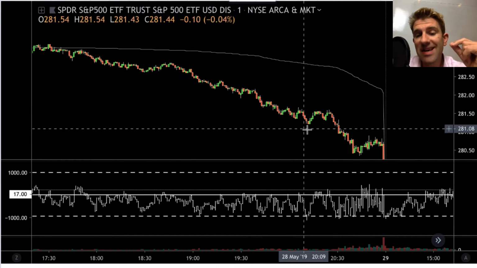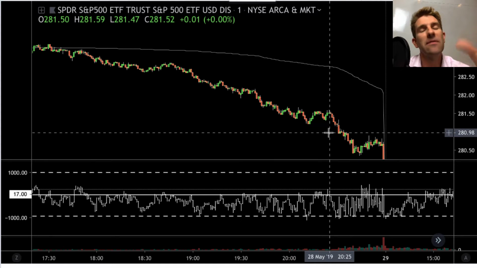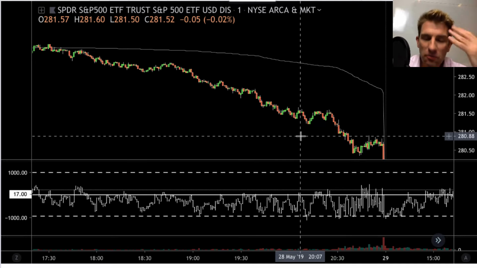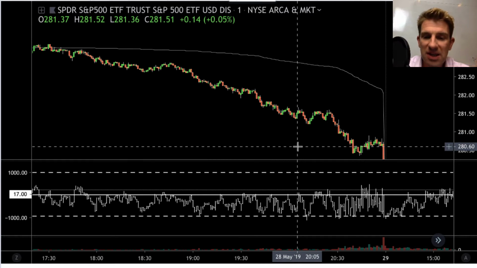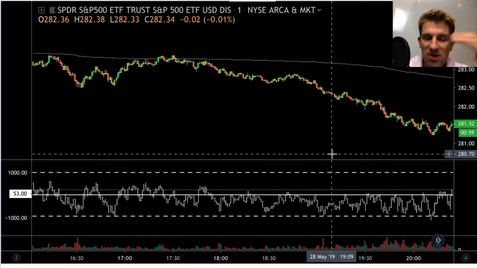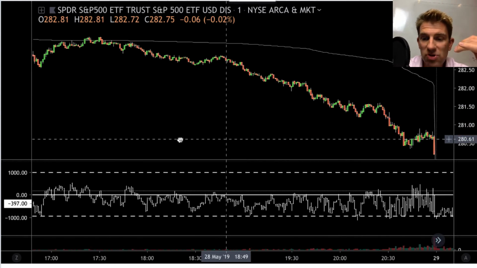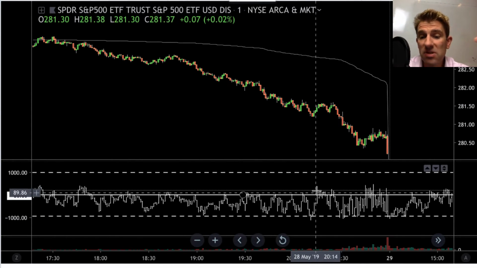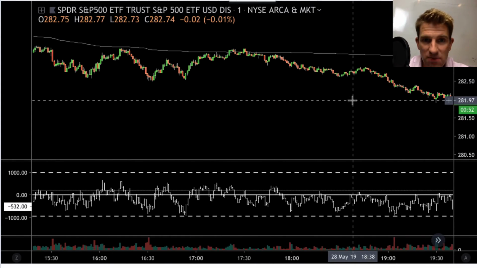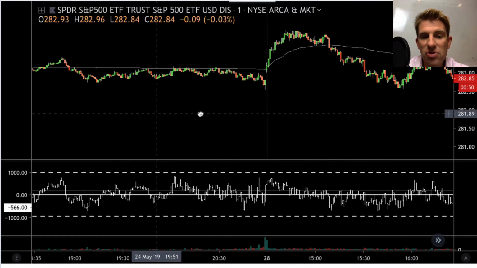Every pop up in ticks can be sold, and I know that's a bit of a hindsight thing because you can do it with stochastics as well, but it's worth memorizing and worth saying, okay, if I'm going to use a tick index, then at least stay on the right side of it. Don't trade the extremes. What are the extremes in this scenario? Extremes are positive and minus 1,000, so don't sell into minus 1,000, don't buy into positive.